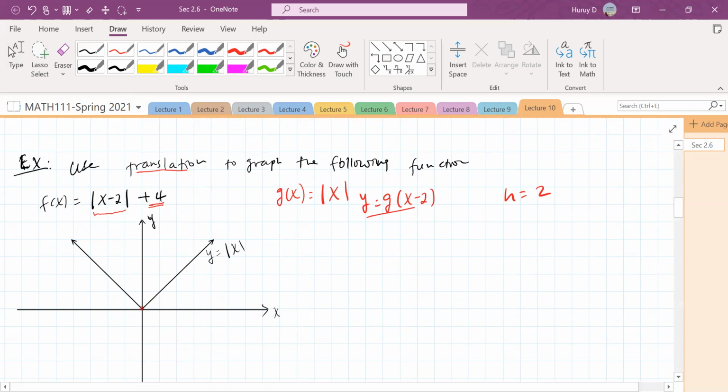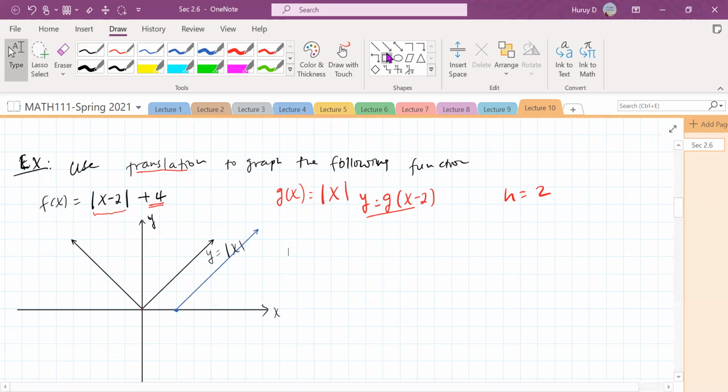Now, if we take the origin, then go 2 units to the right, the new vertex will be at this point. If you have a ruler, you can draw a line parallel to this one, and another one parallel to this one, which has the same shape. I will try to make it as straight as possible.